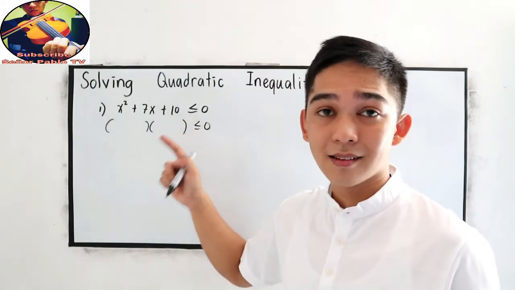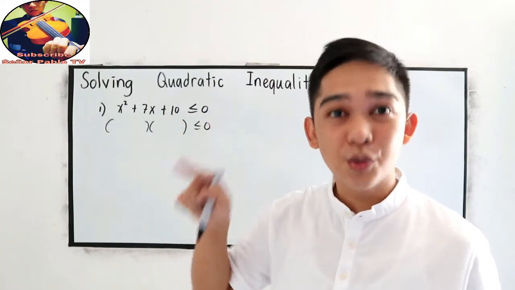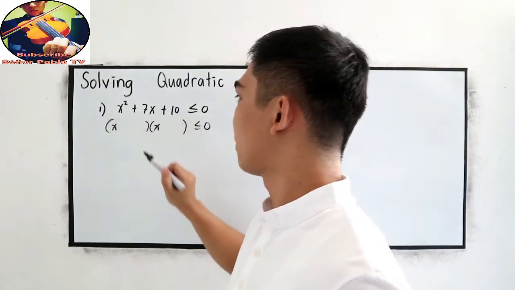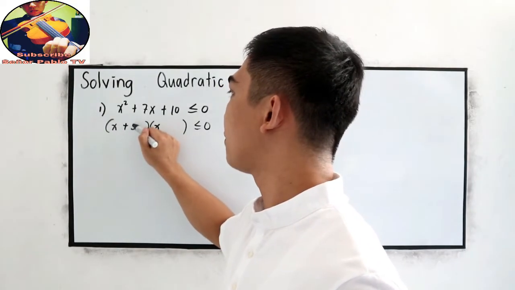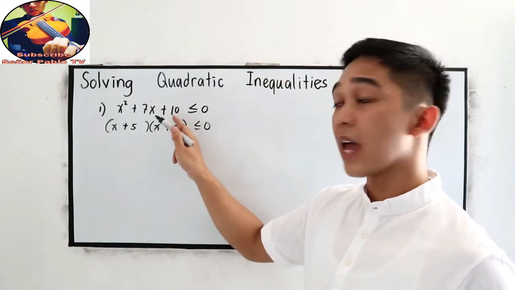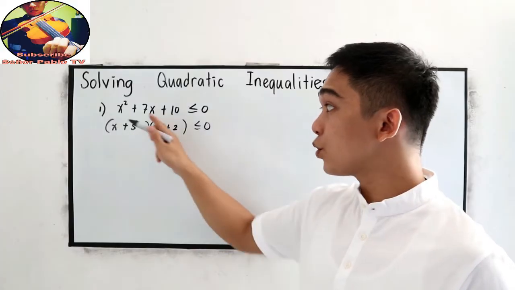Obviously, that is 5 times 2. So x plus 5, x plus 2. 5 times 2 is 10. 5 plus 2 is 7.